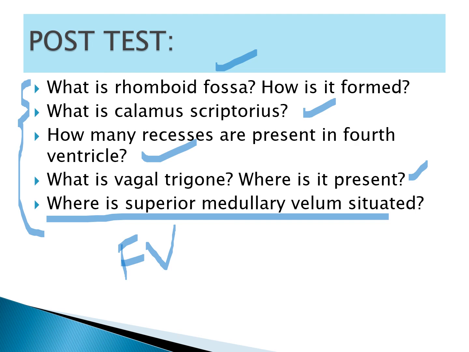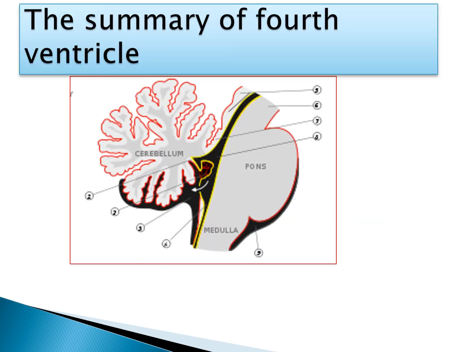So when I go to the summary of fourth ventricle, I will tell this fourth ventricle is a very short essay for you. If it is asked in neuroanatomy question paper, we have to consider that as easy question because so many questions are difficult in neuroanatomy compared to the fourth ventricle.